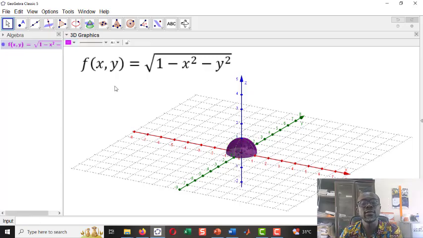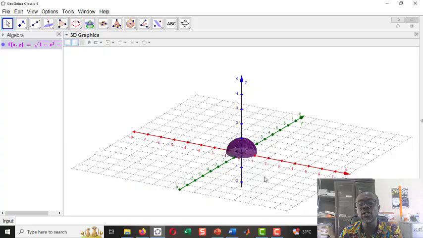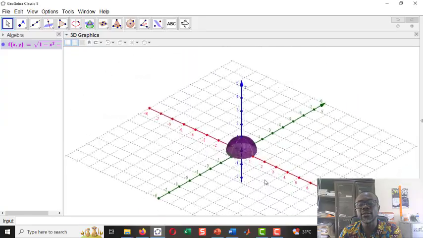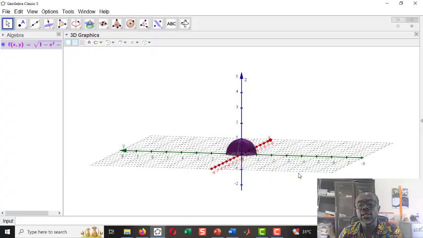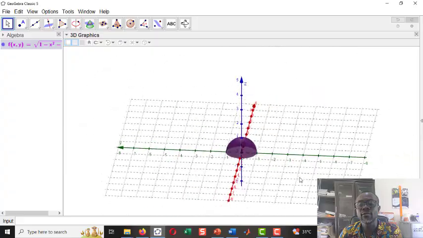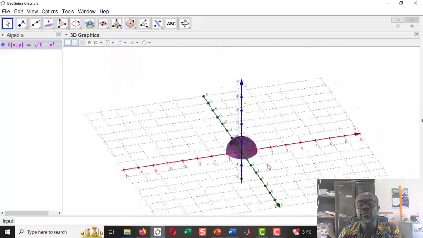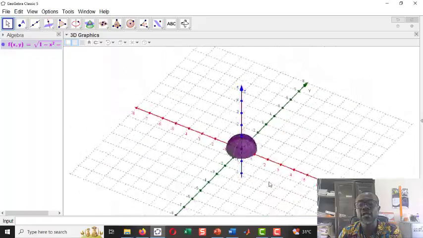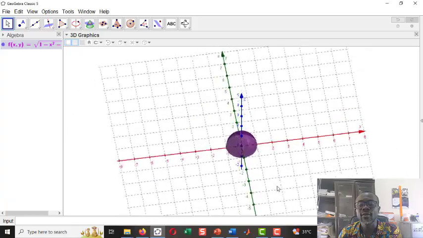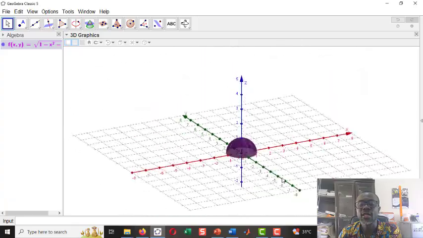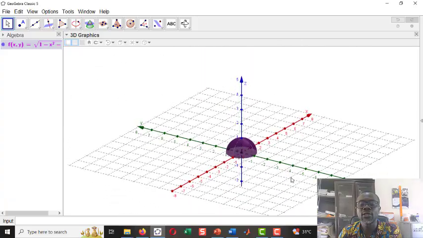So we see, because we took only the positive part of z, we have only the upper part here, and then if we turn around, you see that is the graph that we have. It's half of a sphere, and the points you can see here are 1, negative 1, positive 1, and so on.